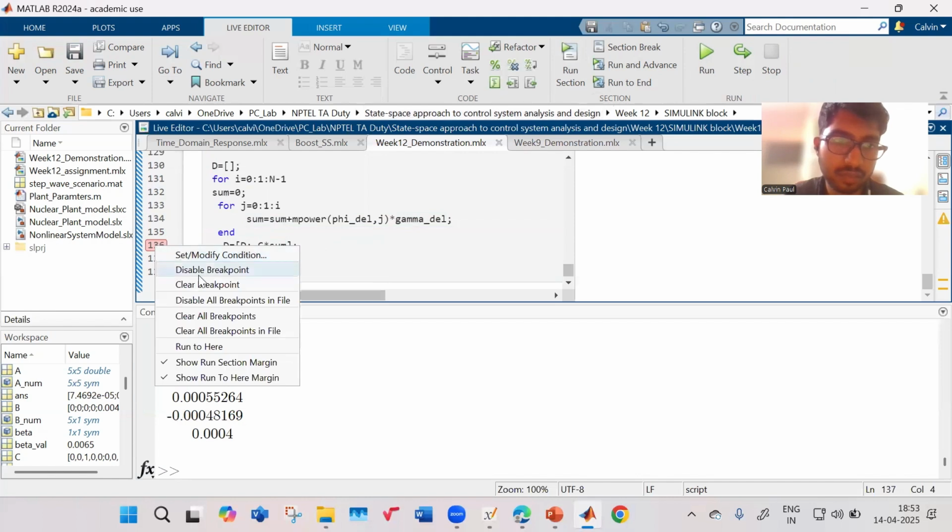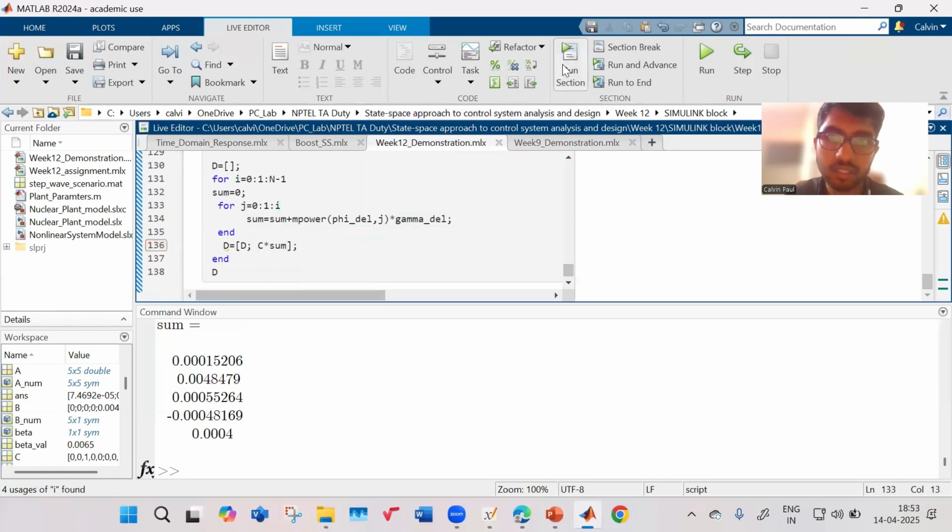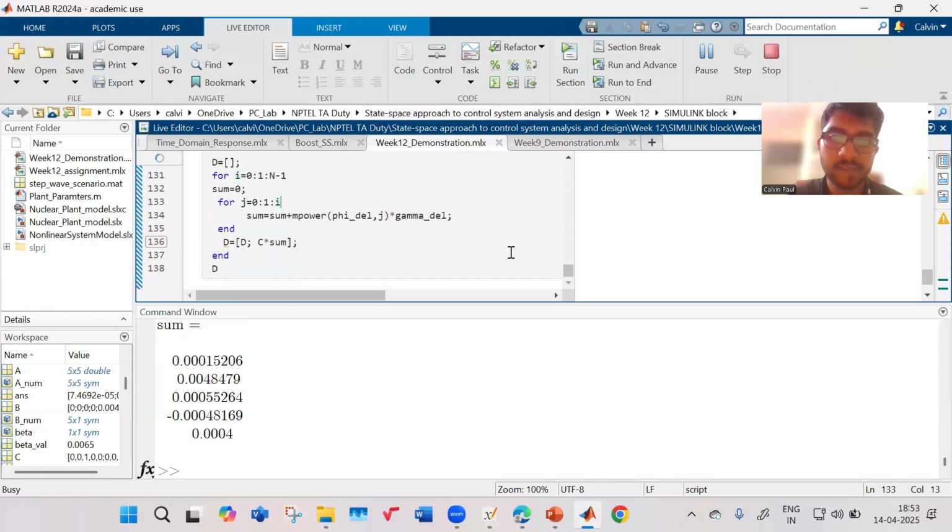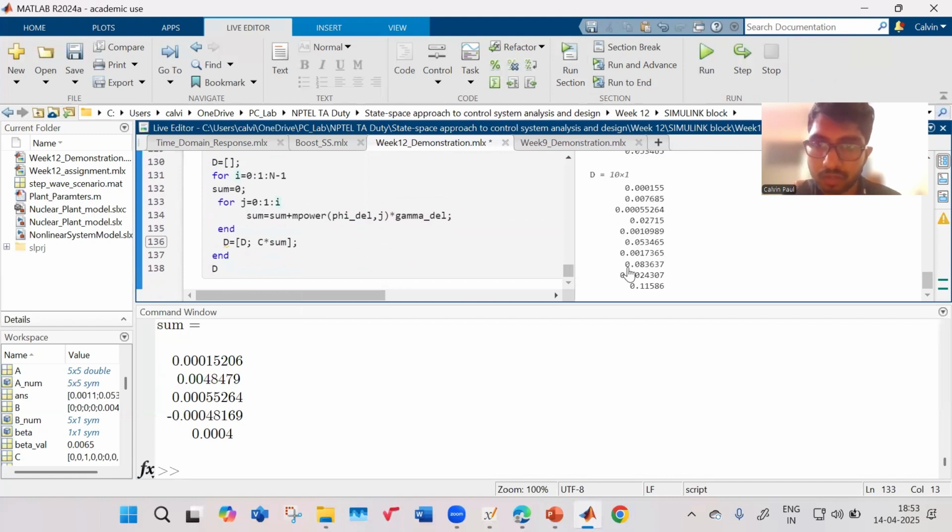Let me disable this breakpoint. Let me run this section. So we get 0.00155, 0.007685, 0.00055, 0.02715, 0.0010989, 0.053465.